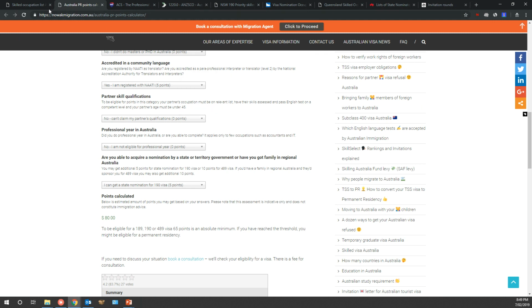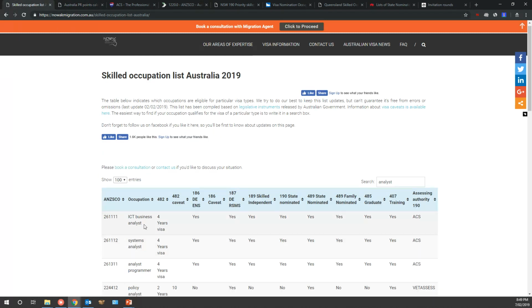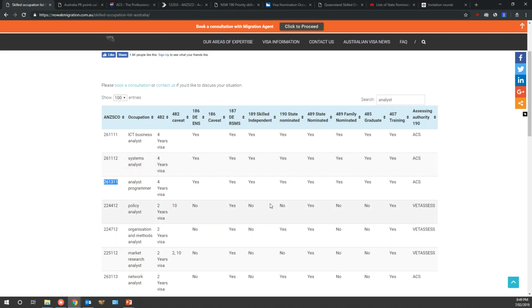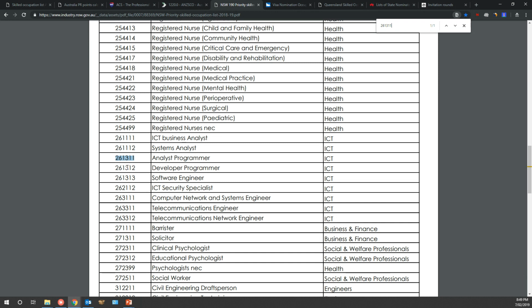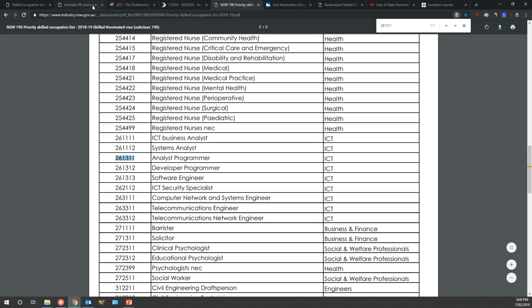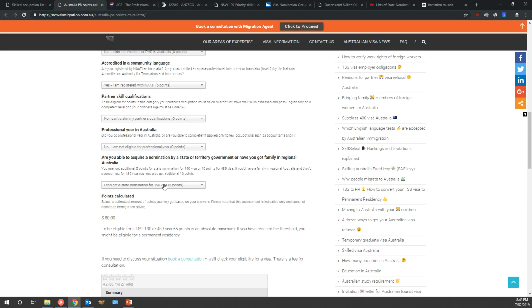So let's find out whether analyst programmer 261311 is being nominated by New South Wales. Yes, it is. So you might have a chance for 189. No, for 190, sorry. 5 points.